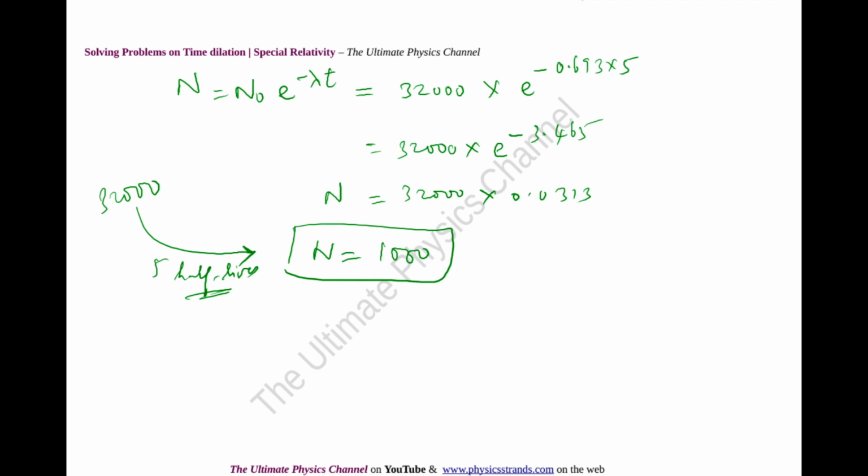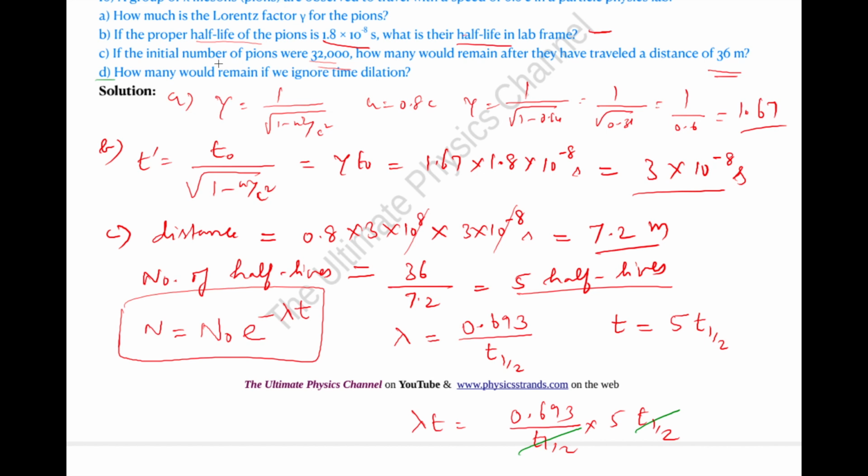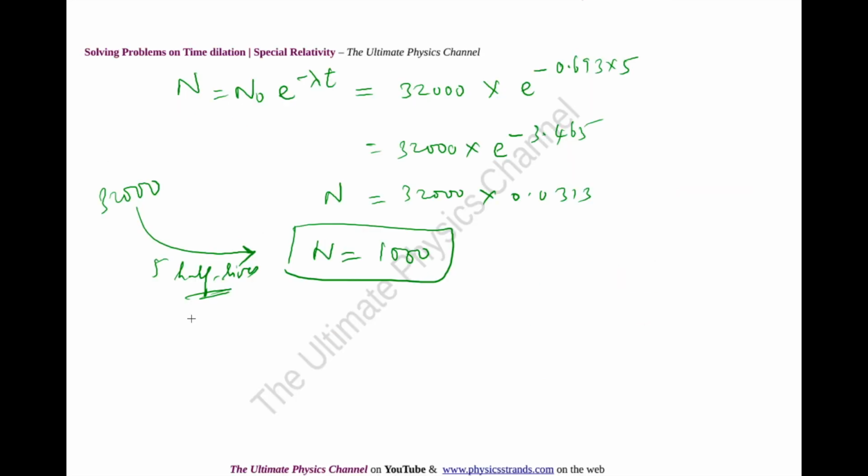What about the final part here? How many would remain if we ignore the time dilation? With no time dilation, then what would we have calculated?